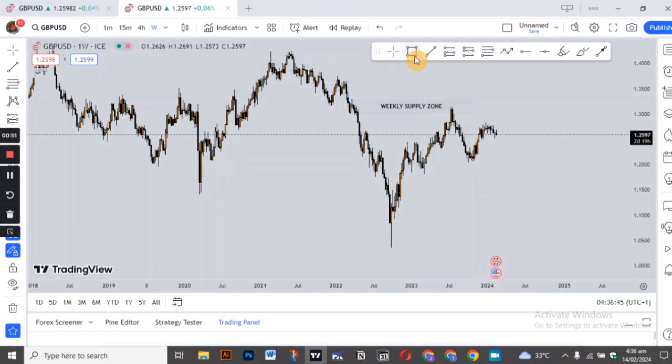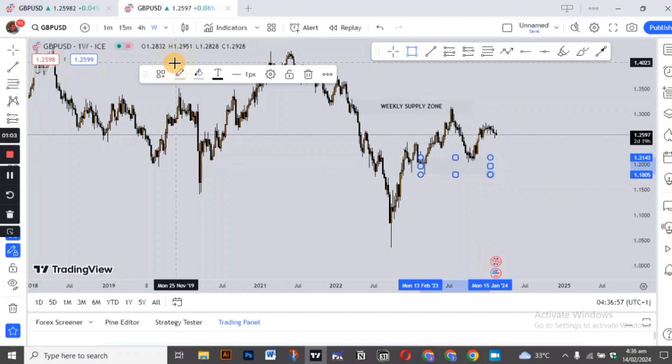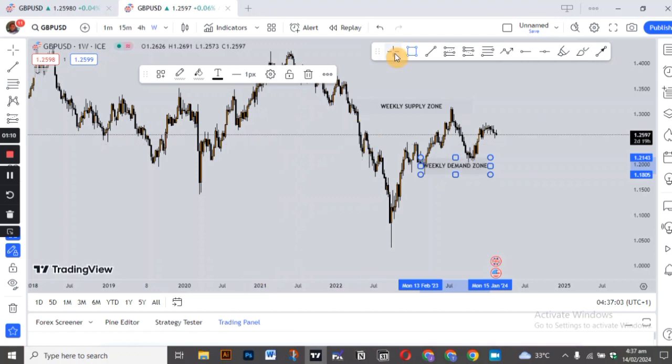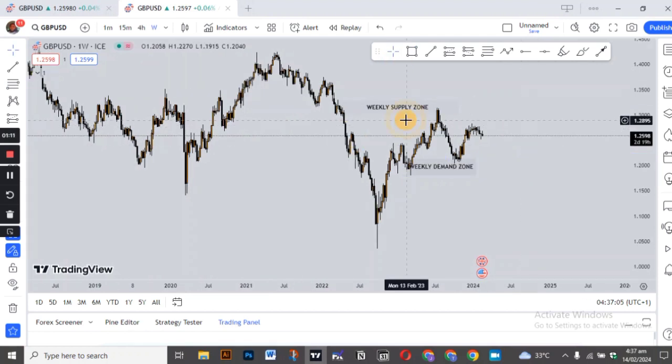Also, this is a weekly demand zone that price is actually reacting to presently. So price went to this zone, sold from this zone, then this is also another demand zone where price also started buying from.